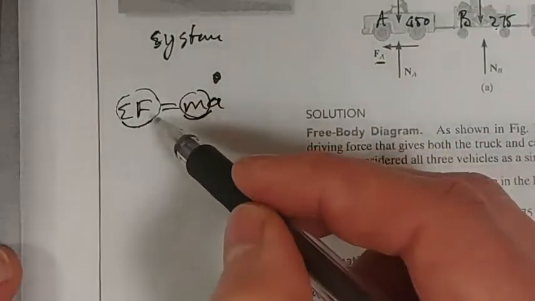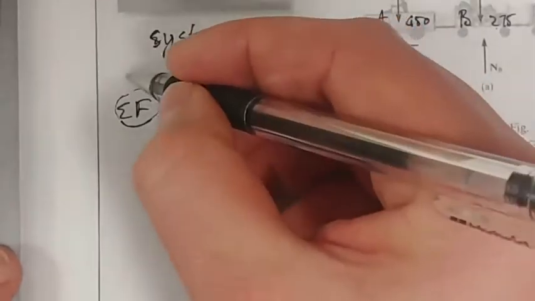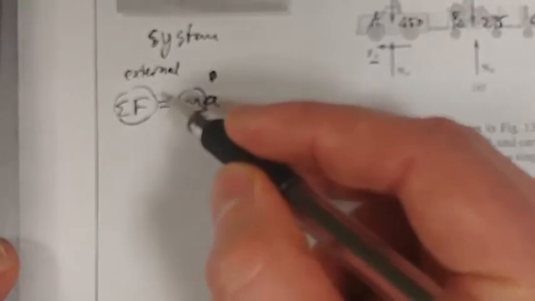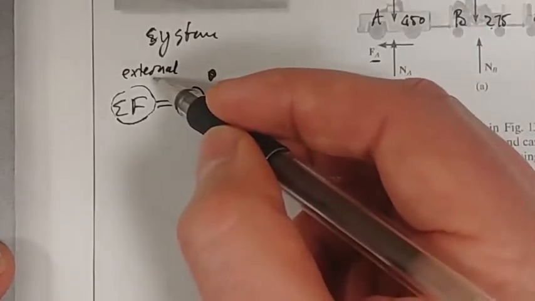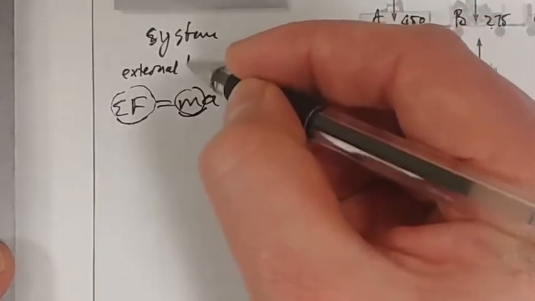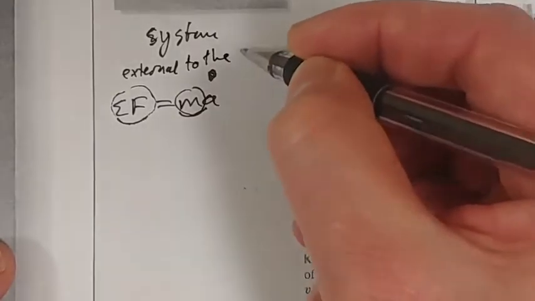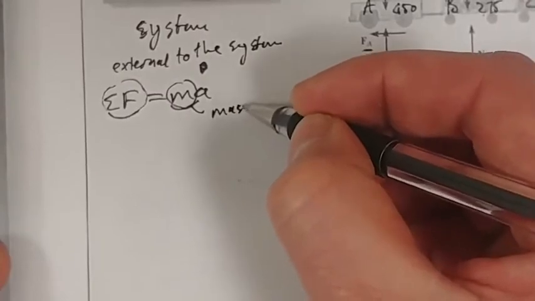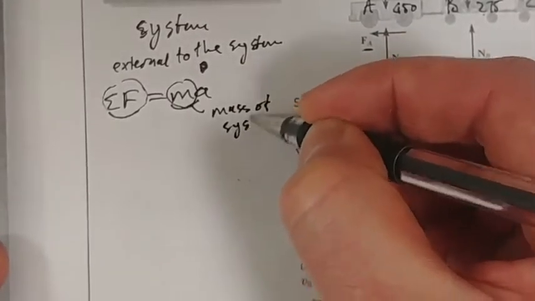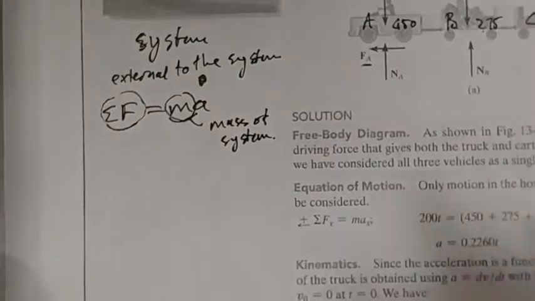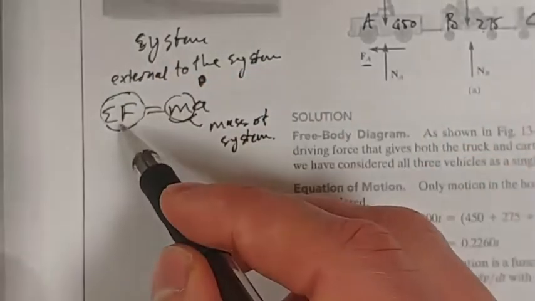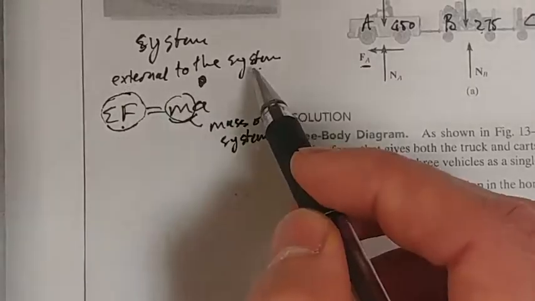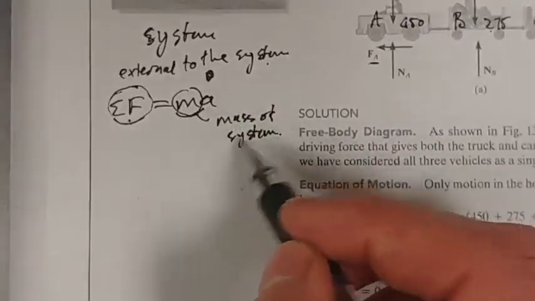The forces refer to the external forces relative to our system, the forces that are external to the system, and the mass is the mass of the system. That's very important, so again, the forces in this equation refer to the forces external to the system, and the mass refers to the mass of the system.